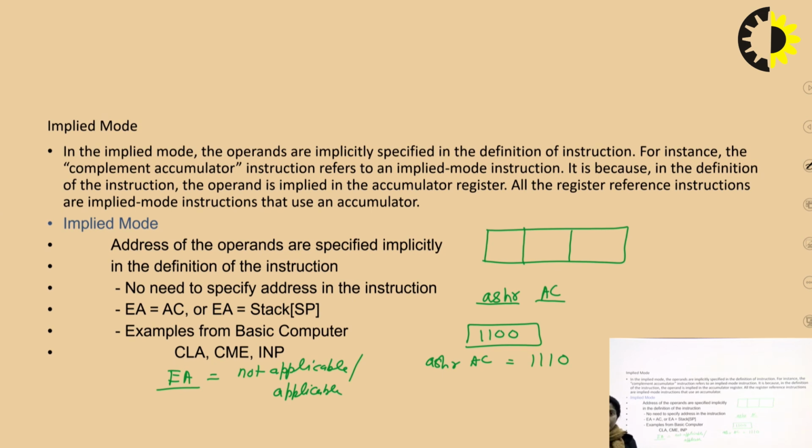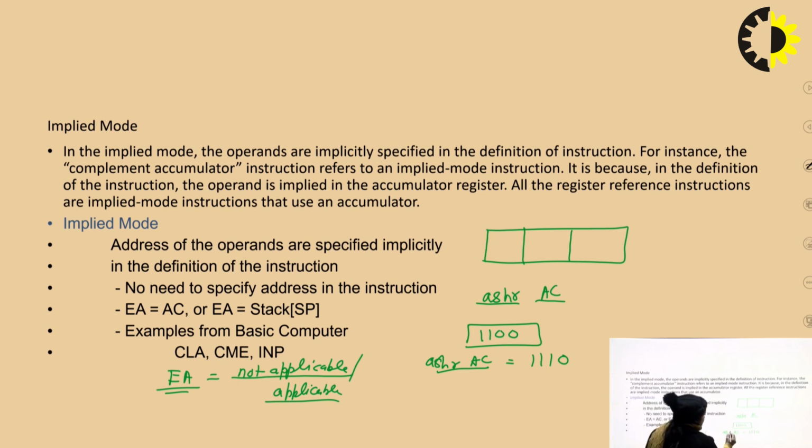Remember, the effective address is the actual address of the operand where it resides. This operand may be stored in a register or in memory. So in the implied mode, it is written as applicable or not applicable.